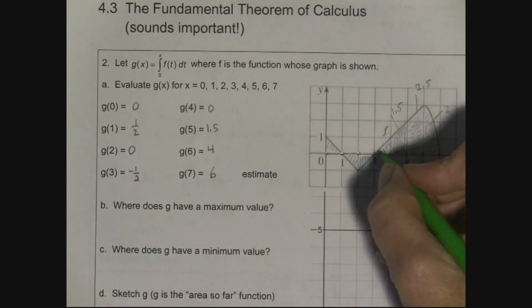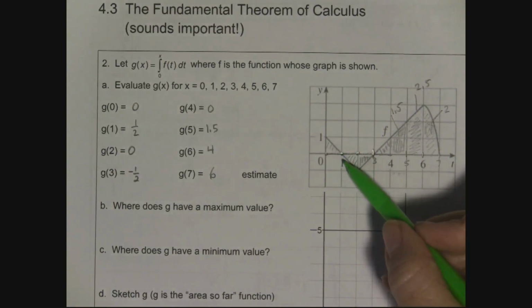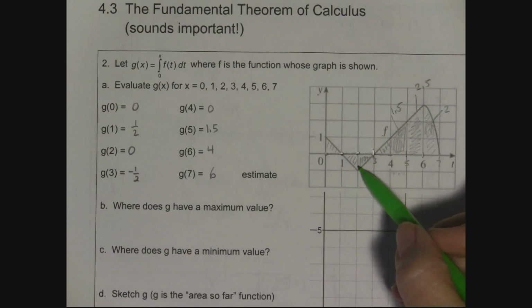Here, the reason that it's negative is because there's more area below the curve, below the x-axis, than there is above the x-axis. So remember, we're finding the area trapped by the curve and the x-axis.